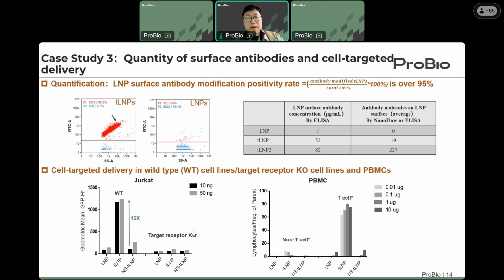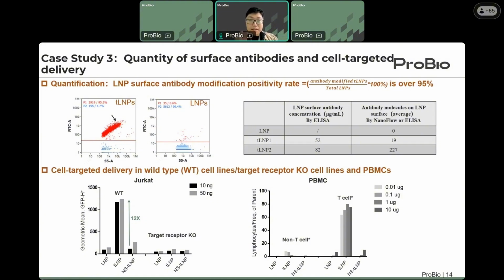And below we have data to show our tLNP works well. On the left, we have a Jurkat cell. You can see if you don't link anything onto the surface of the LNP, you almost don't have expression. And for the tLNP with a good antibody, you improve your cellular expression quite a lot.